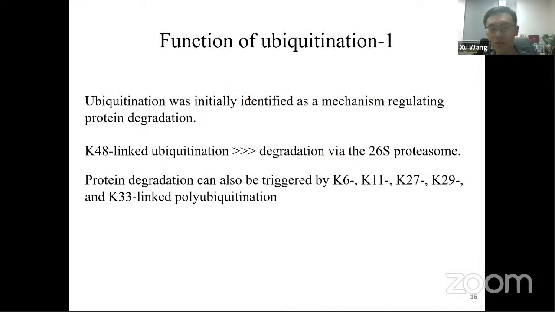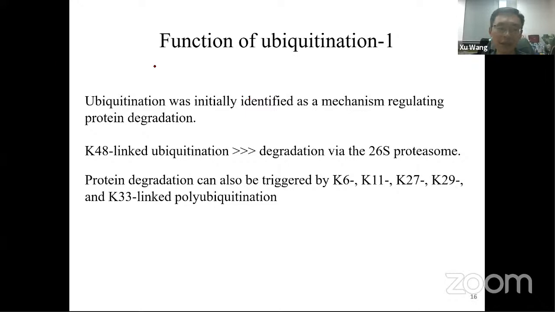So what is the function of ubiquitination? We know that ubiquitination is a post-translational modification. It is involved in signal transduction. But what is the exact function of ubiquitination? Ubiquitination was initially identified as a mechanism regulating protein degradation.